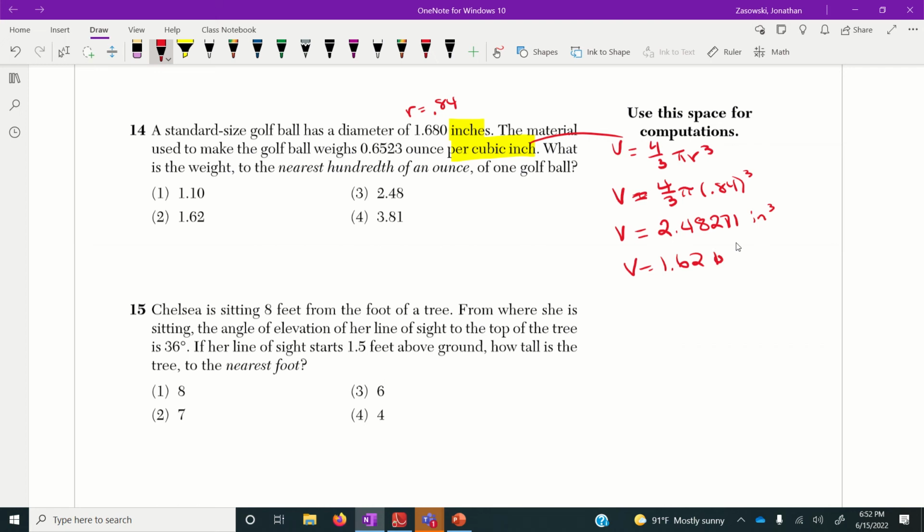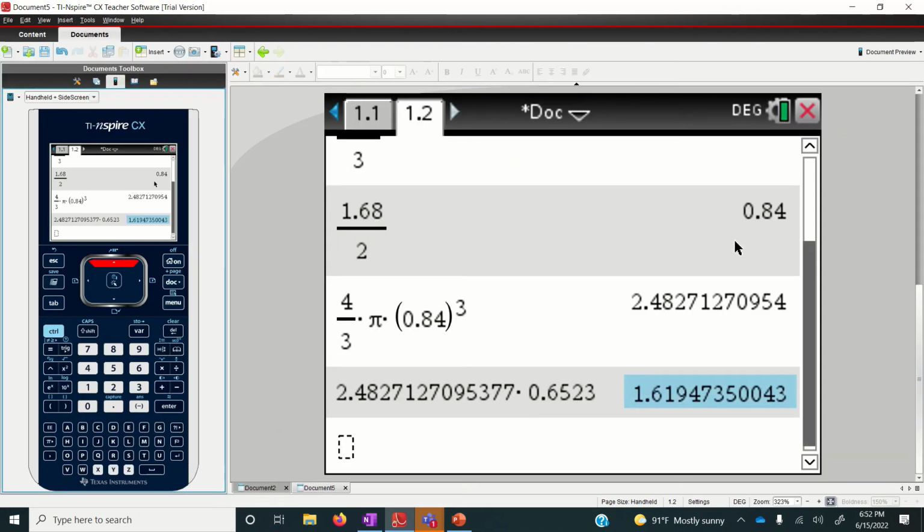And this is ounces. So that is our answer. Now be careful on this one, once again, because if you use 1.68 instead of 0.84, guess what's going to happen?